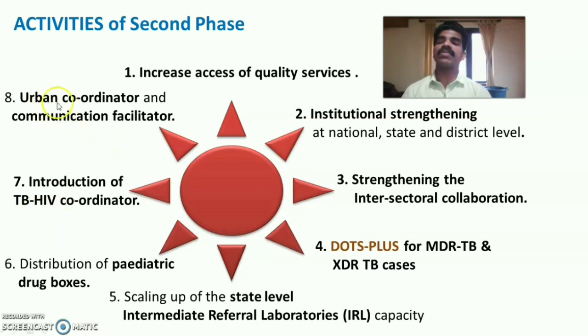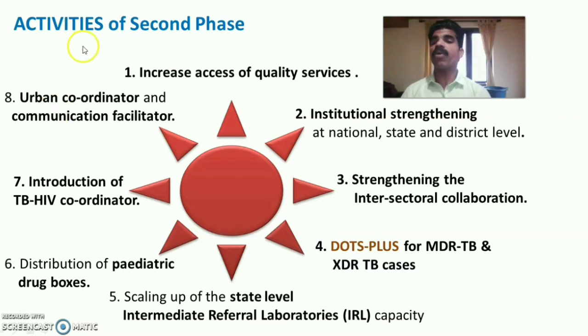The eighth activity was introduction of an urban coordinator and communication facilitator to increase the awareness and improve the IEC program in relation to RNTCP and DOTS services in India.